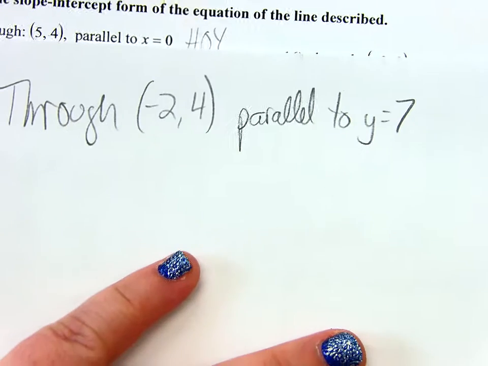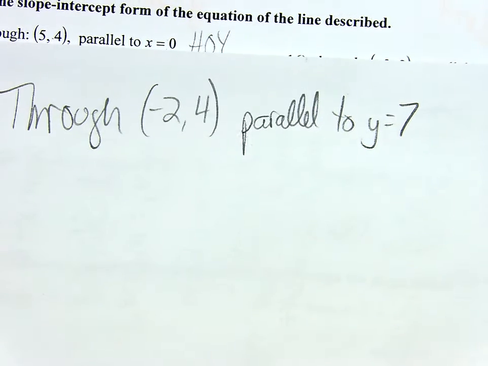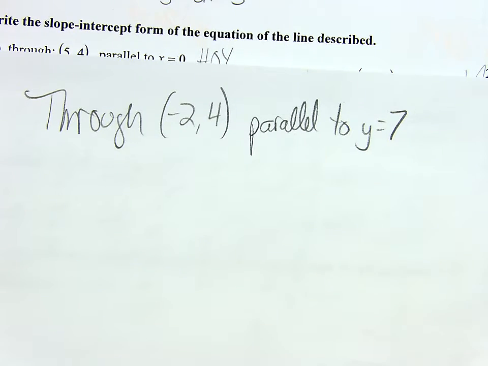Don't say anything out loud, just get your answer in your head. There's not even any math to do. You just have to decide for yourself if it's going to be x equals or y equals, and then what the number is. You got an answer? Okay, what is it? Y equals 4.